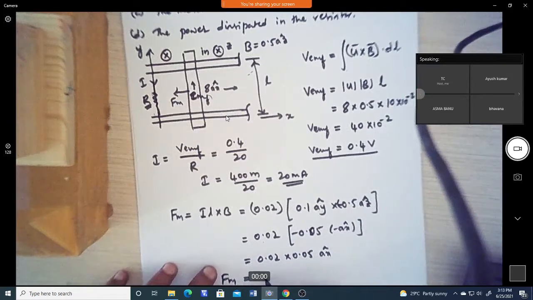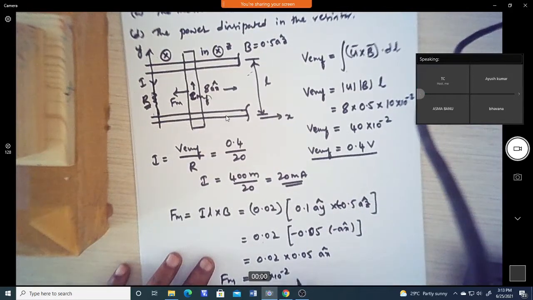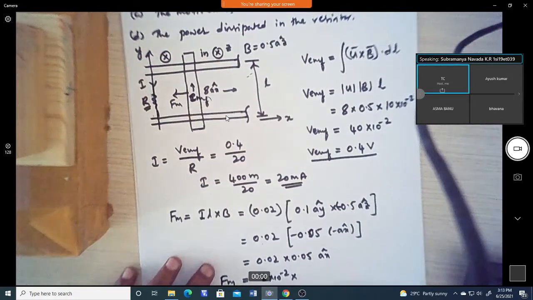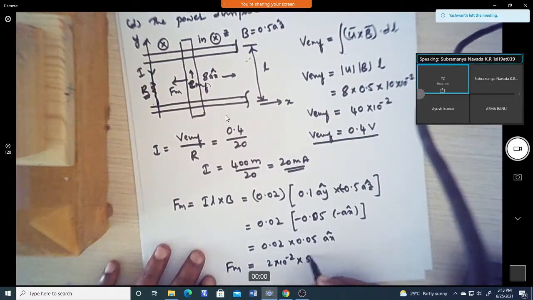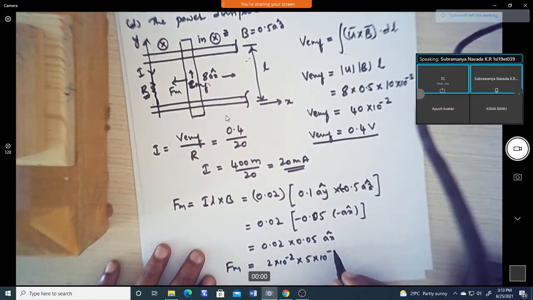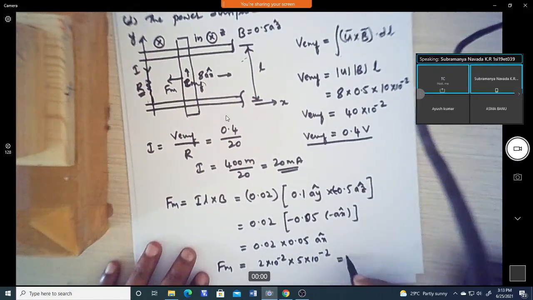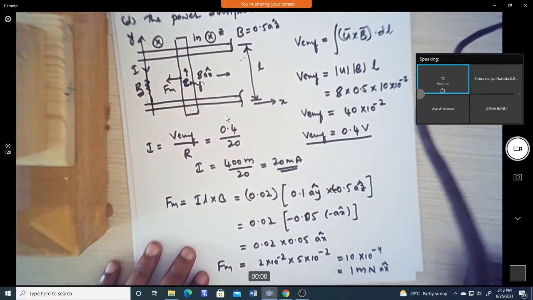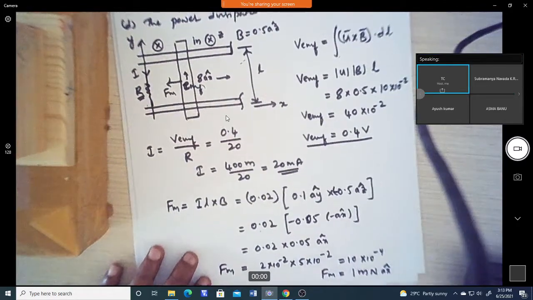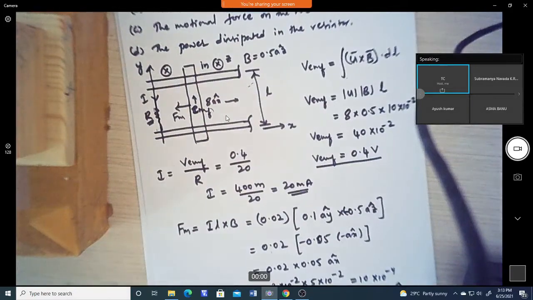The value is 2 into 10 power minus 2, into 5 into 10 power minus 3, so 2 into 5 is 10, 10 into 10 power minus 4, which is equal to 1 milli-Newton in the direction of AX. So that is what you will get.